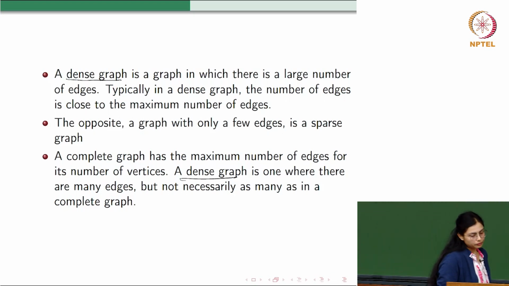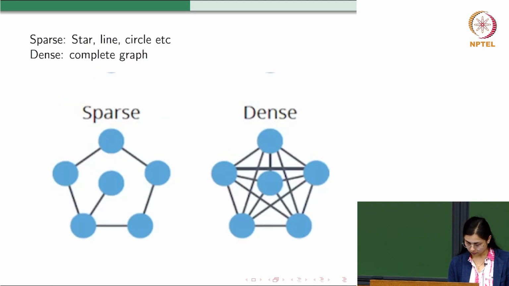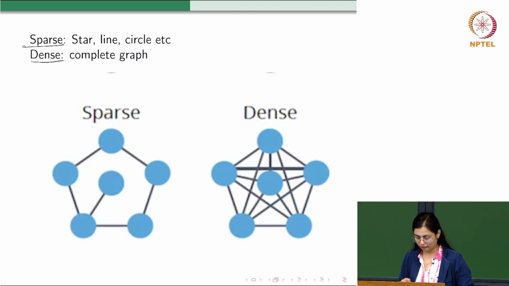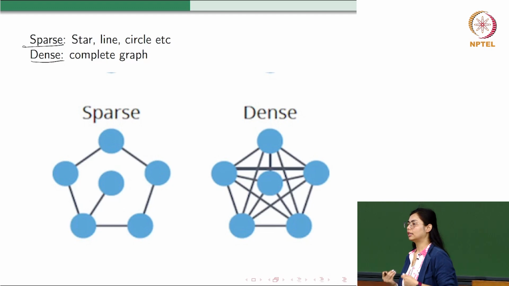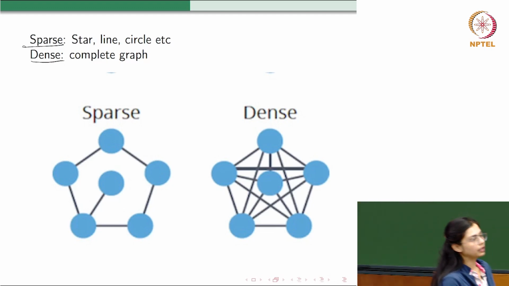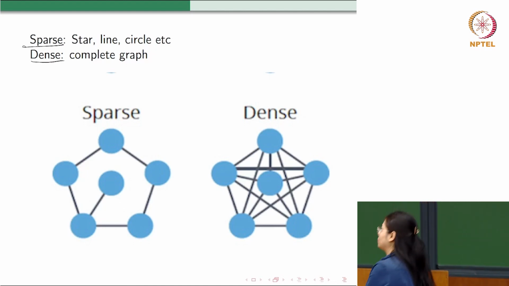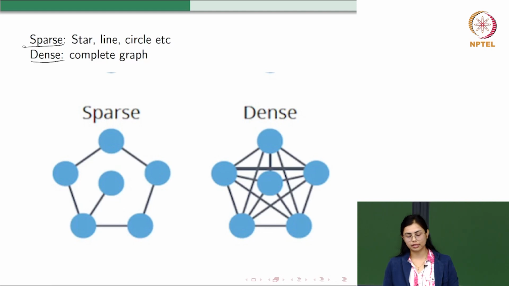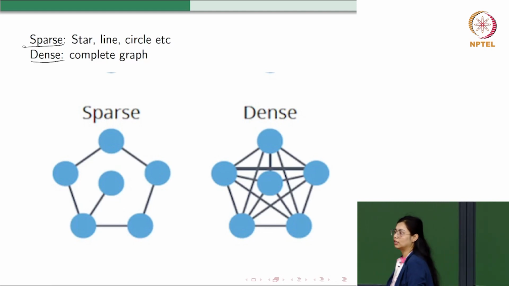So there are 2 kinds of networks, sparse and dense. In a sparse network we have fewer edges, but in a dense network we have a maximum number of edges. But there is no specific definition of how many edges we can consider as sparse or dense.